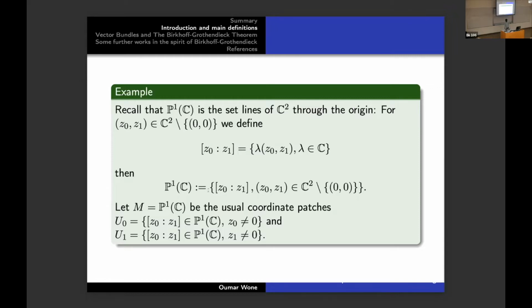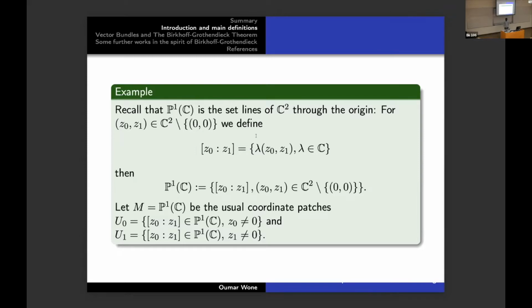So we define P1C as the set of brackets Z0 column Z1. In general, we say it is the set with homogeneous coordinates Z0, Z1.